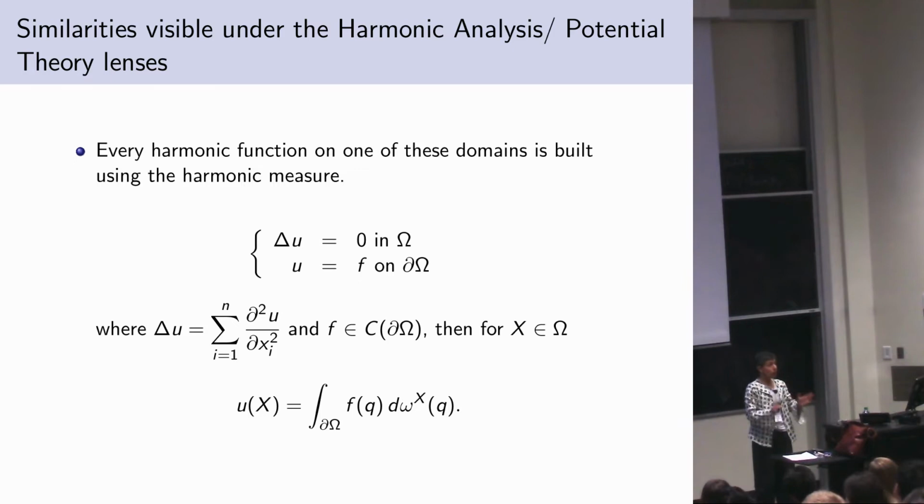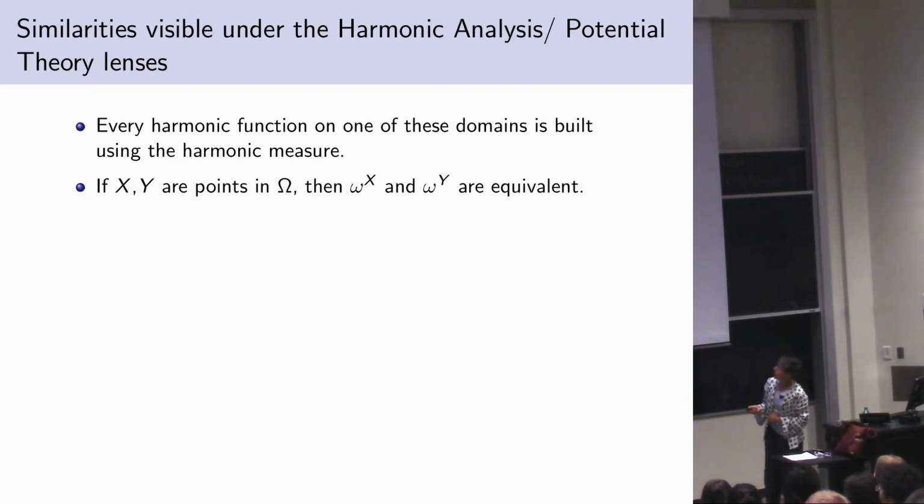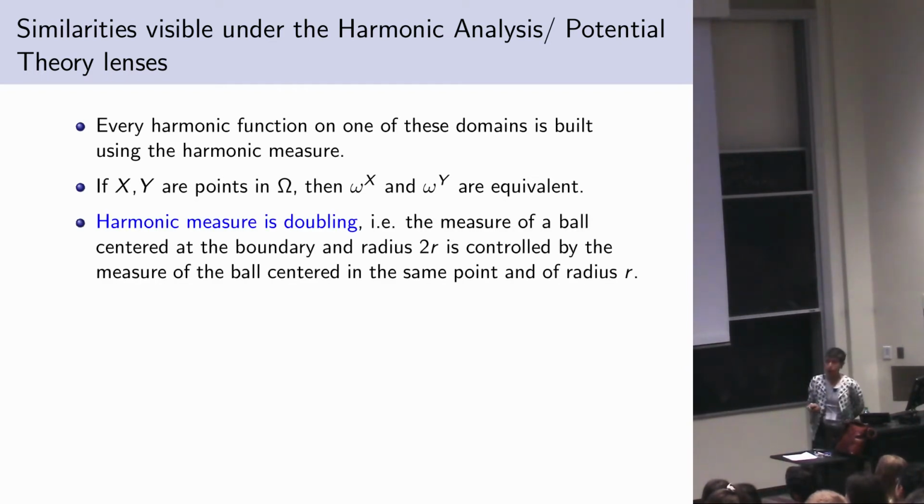So that's why when I talk about harmonic measures, I only focus on the building block. But I can look at the harmonic measures for these domains, and it turns out that for all those domains, the following things hold. If you have 2 points, then the 2 harmonic measures are equivalent, which means basically, no matter whether you start in X or you start in Y, you see the boundary more or less the same. And the harmonic measure is doubling. Remember I said we were going to talk about doubling? What does it mean that it's doubling?